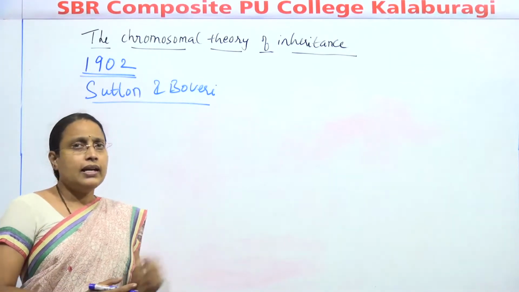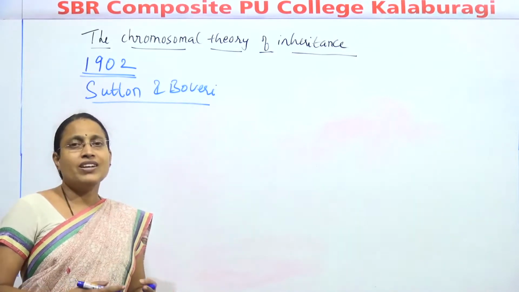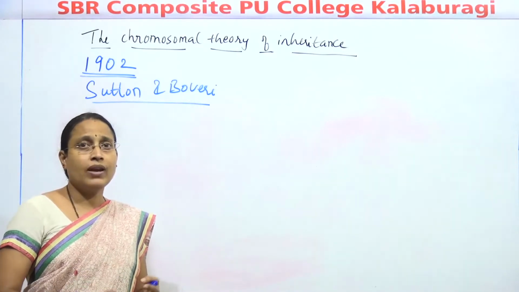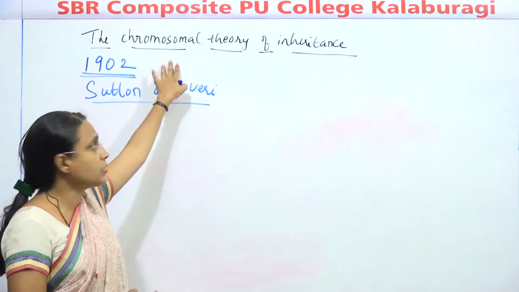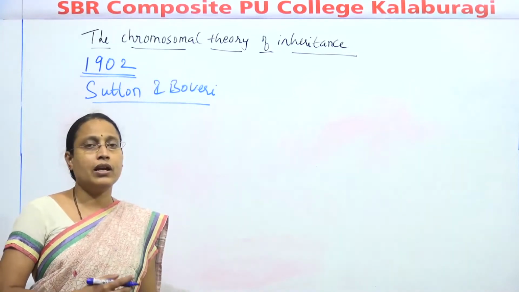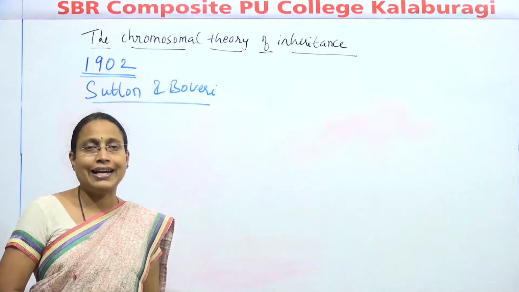This theory is not an experimental proof, it is just a theory. There is one more scientist who will experimentally provide support for this theory, and he is Thomas Hunt Morgan.